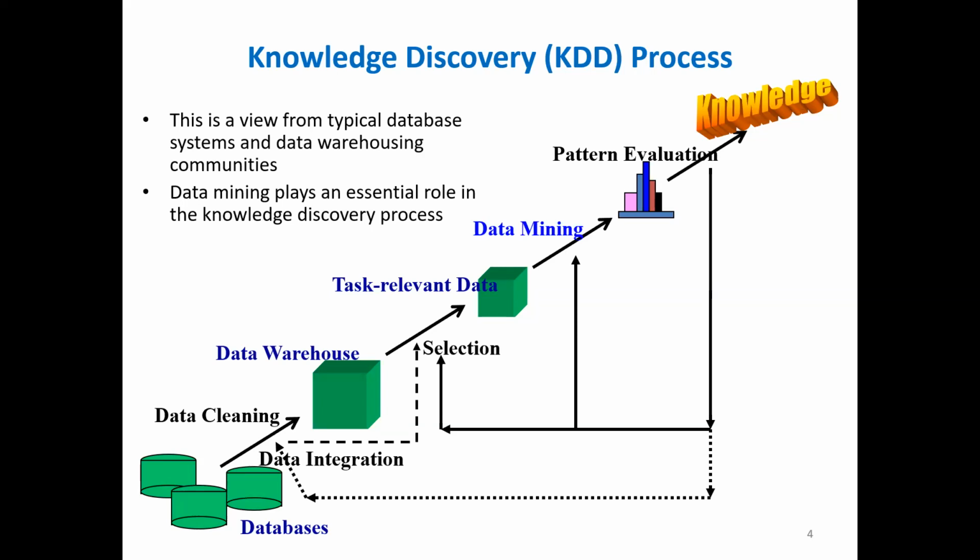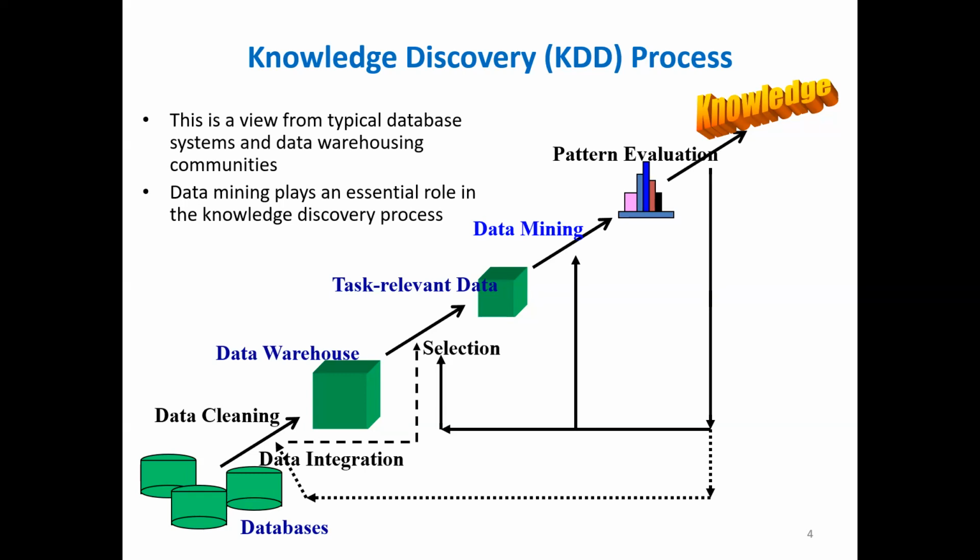Now, using some queries, we can select some meaningful task-relevant data. For example, if I want to process only one month of data to do some customer analysis, then we don't require the whole data set of one year. We require the data set of only one month. So we have to fire a query according to our selection criteria and find the task-relevant data set.